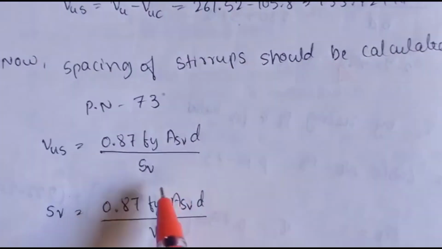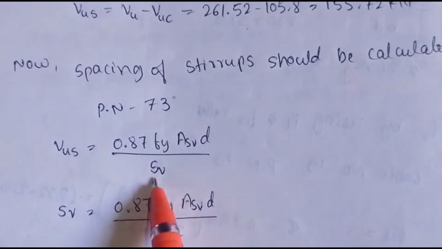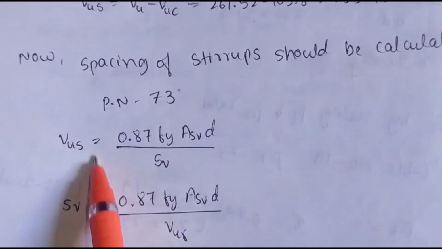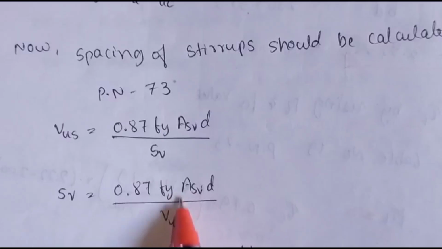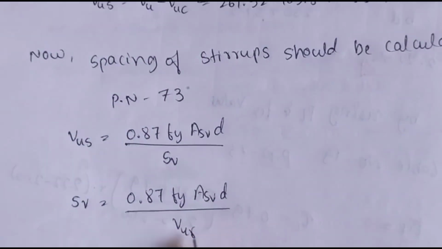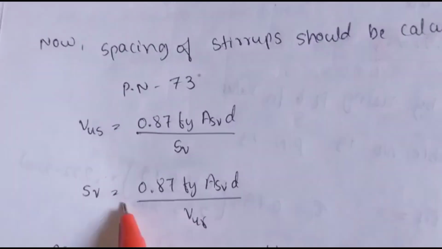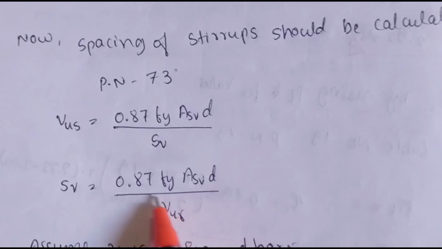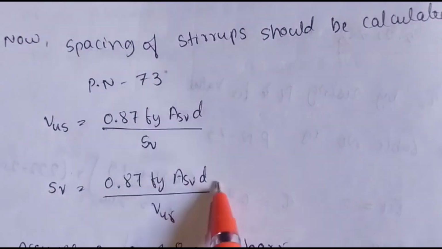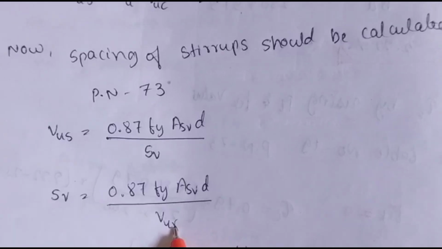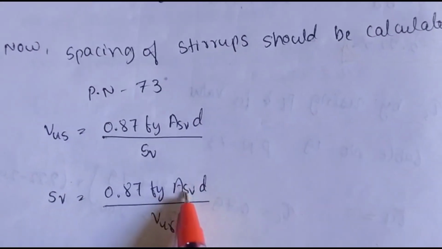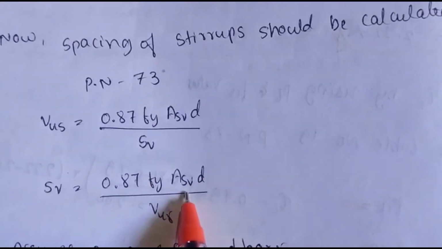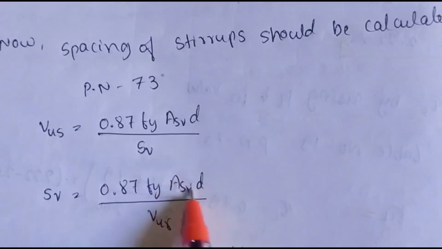Sv = 0.87 fy Asv d / Vus. So to find out the Sv, what is unknown here? We have the value of fy and d, and Vus we have calculated. So here Asv is unknown. So now we'll go for the calculation of Asv.